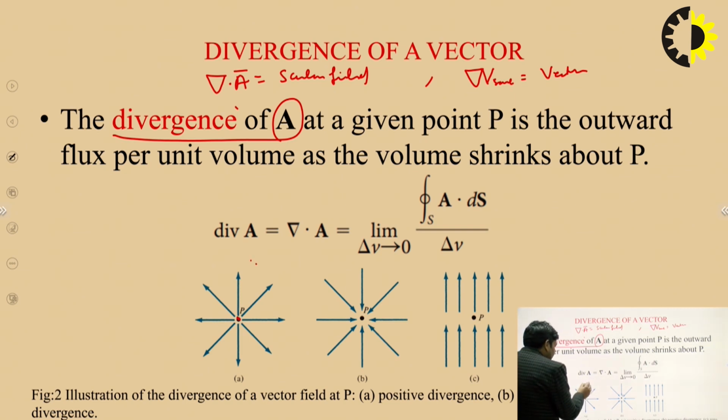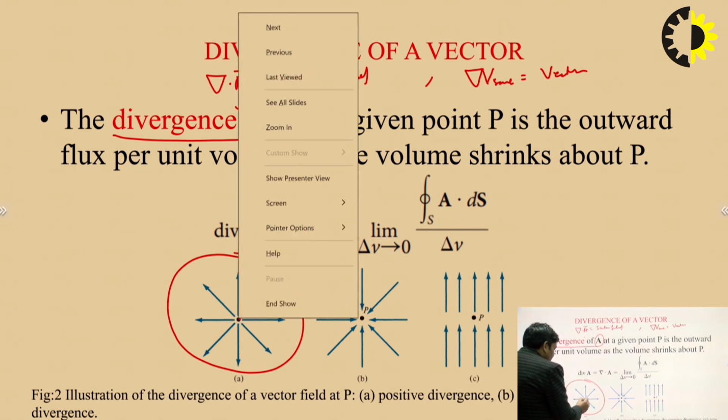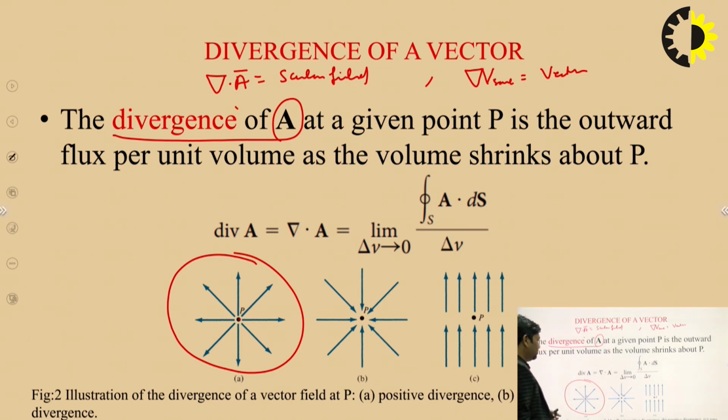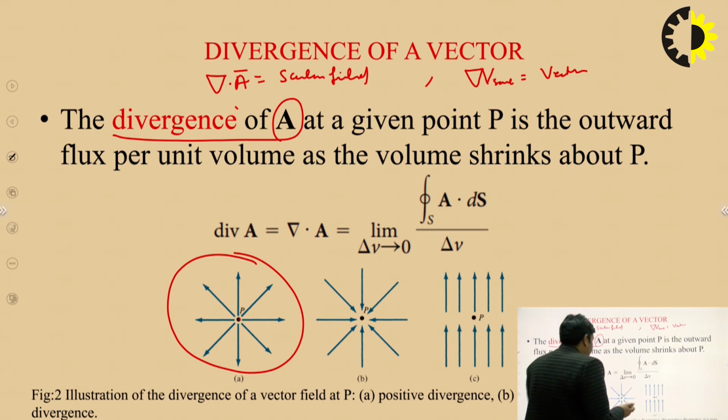So in this case, we see that this is a very small point P. If the electric flux emanates from here, that means the point P is just like a source, so we can say the divergence about P is positive divergence. If the point P is a sink, so that all the electric field lines or magnetic field lines converge here, we can say this is negative divergence.